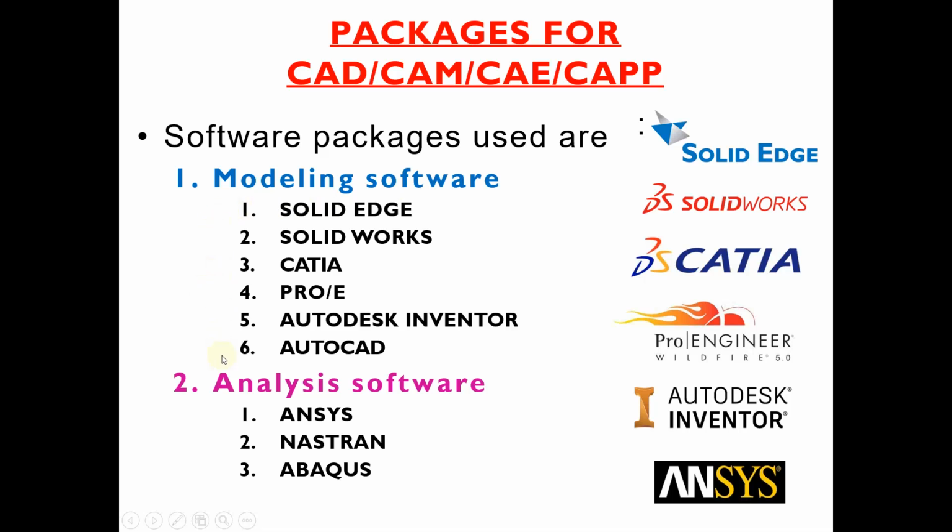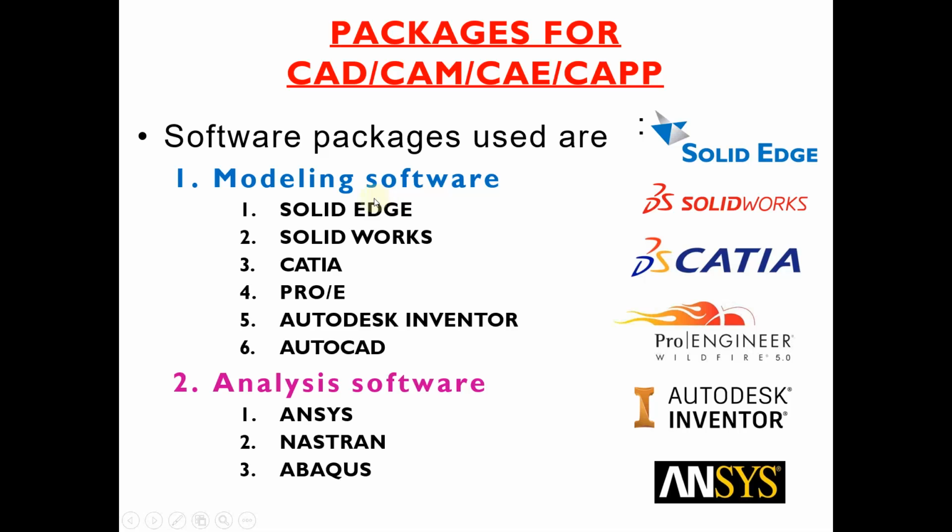licensed softwares. Licensed softwares means the right to sell or to make any modifications to these softwares can be done only by the corresponding company which is manufacturing that software. For example, Solid Edge is a software that is created by Siemens company.